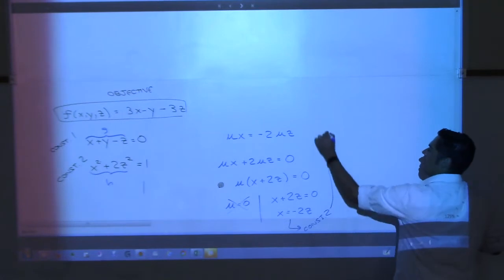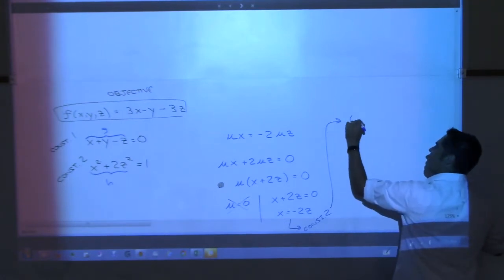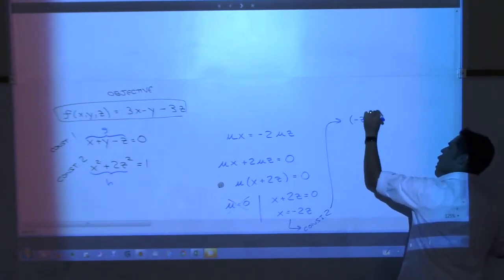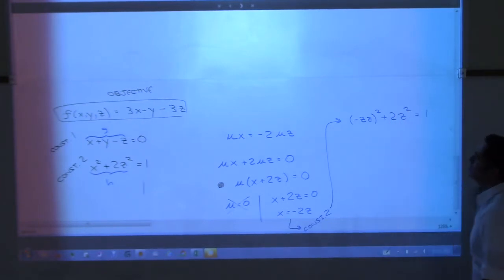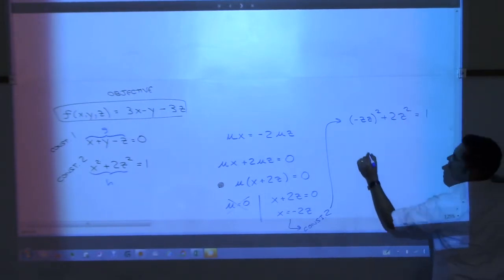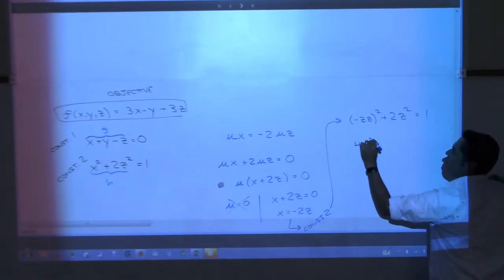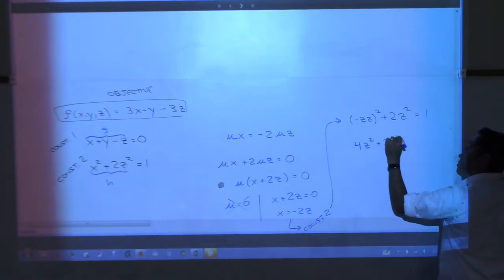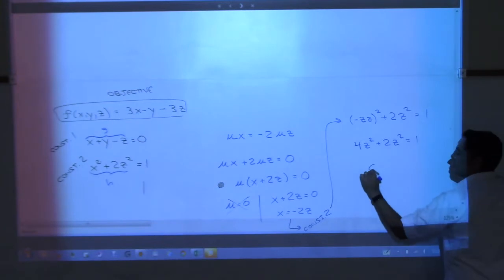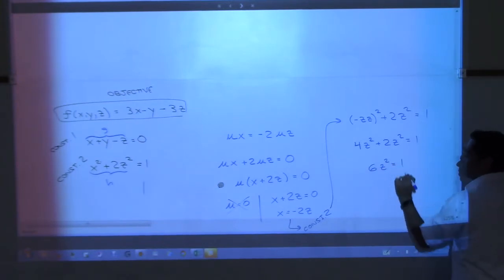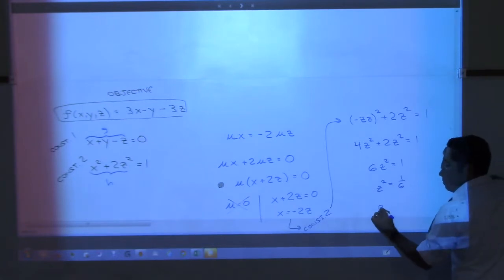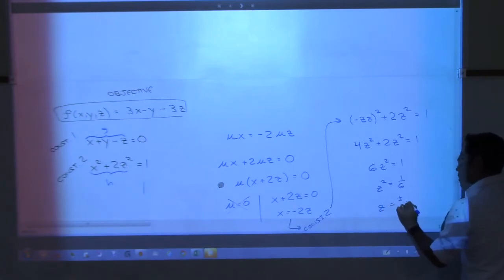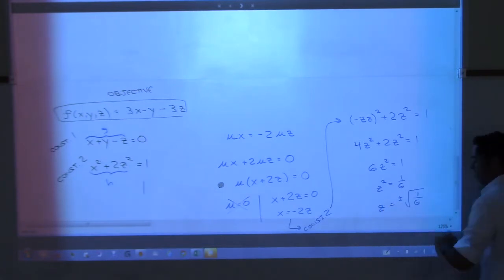So this constraint equation becomes negative 2z squared plus 2z squared equals 1, which gives me 4z squared plus 2z squared equals 1, which is 6z squared equals 1, which means z squared is a sixth, which means z is equal to plus or minus root 1/6.